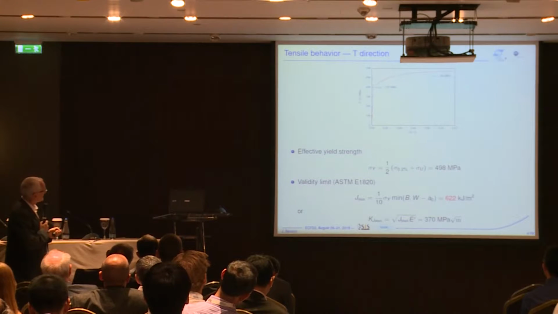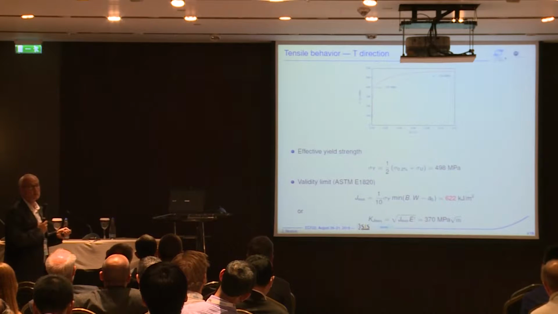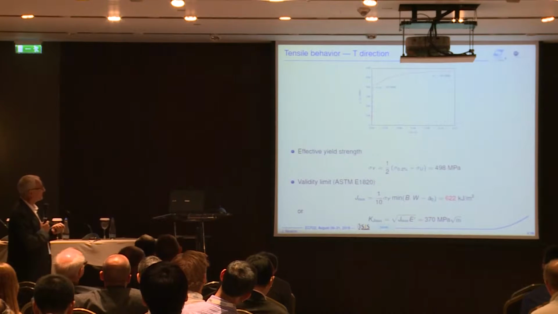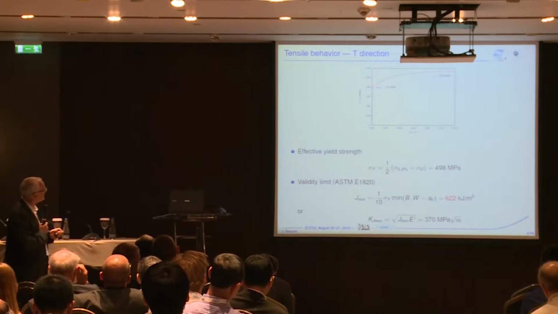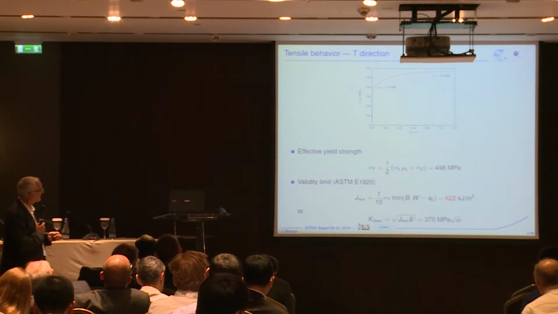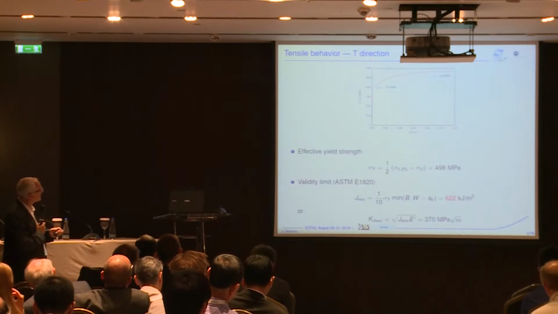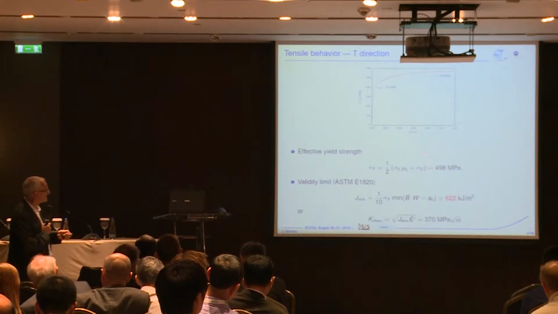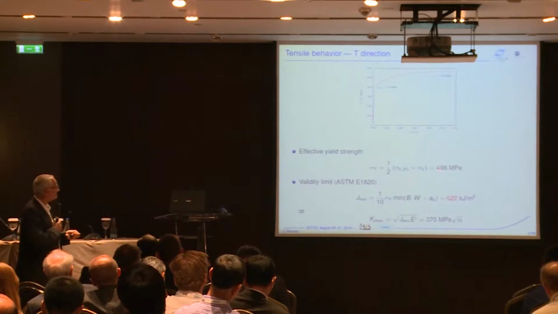Let's make, for instance, a tensile test along the T direction. That's the long transverse direction of the plate. So there's a little bit of Lüders plateau here, then hardening. And then you can compute the effective yield strength, which is the average of the yield strength and the UTS. So we get something like 588.